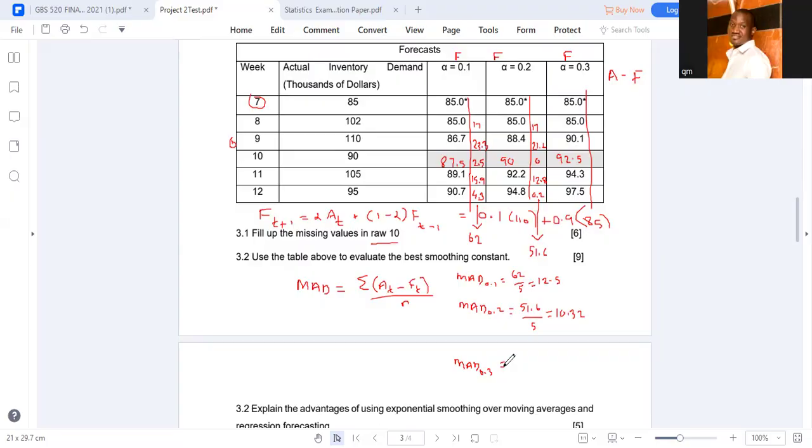All right. So what do we do? We find the summation of these ones here. So the differences here would be 17, 19.9, and 2.5.